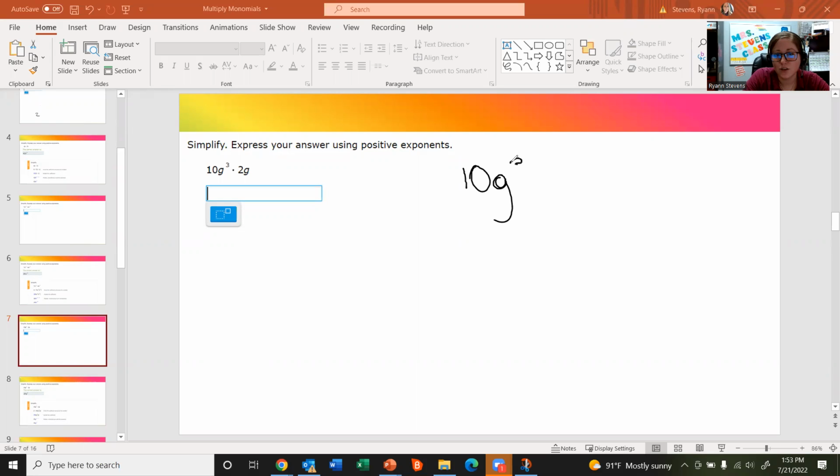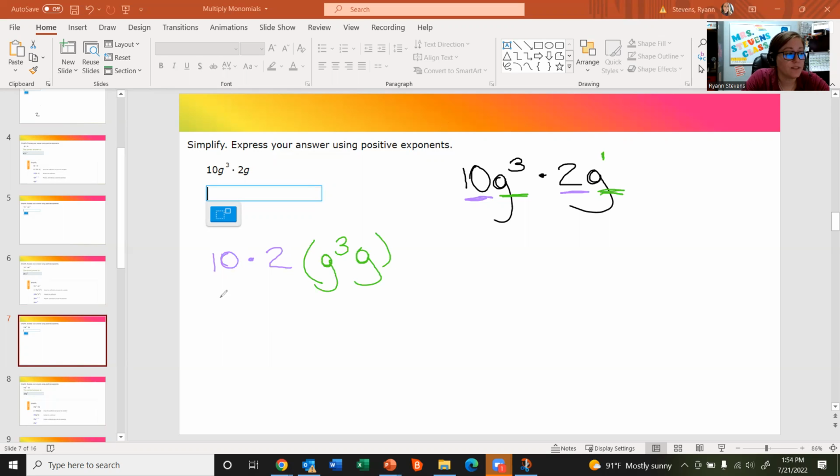So 10g cubed times 2g. We would say that our coefficients are 10 and 2. So 10 times 2. And then we would say that our variables are g to the third, and then g, which we know could be written as g to the first power. So we would say times g cubed g.